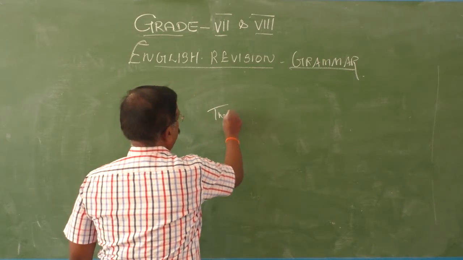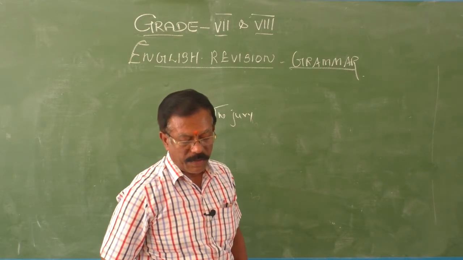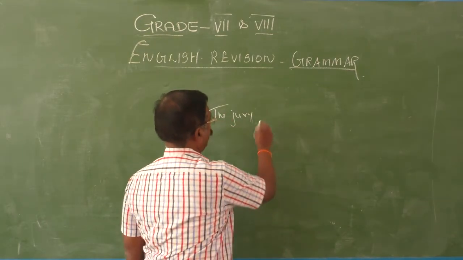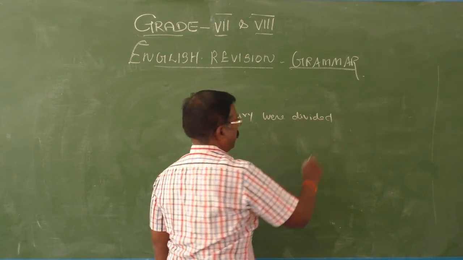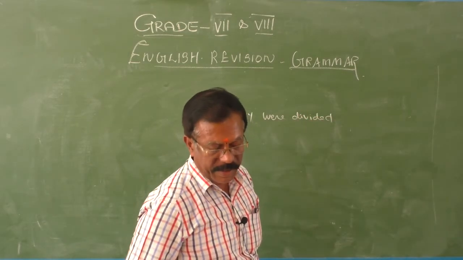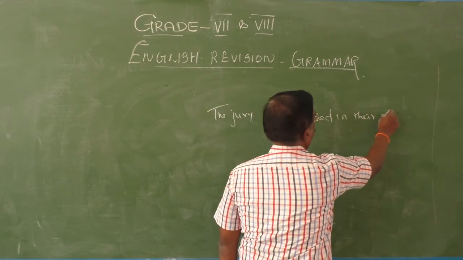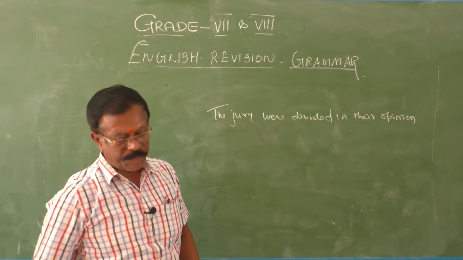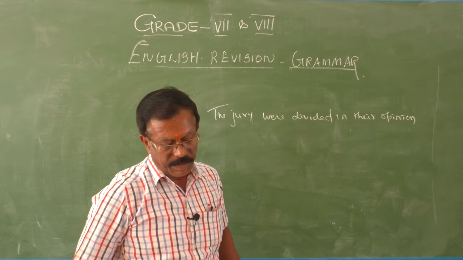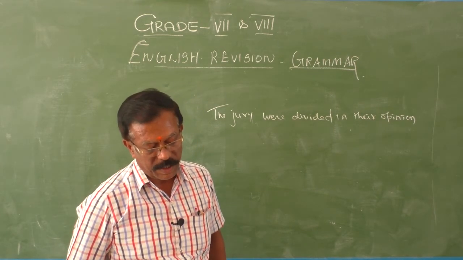The jury, a group of judges, the jury were divided in their opinion. Here we consider the members of the collective noun as individual units, therefore we use a plural verb.